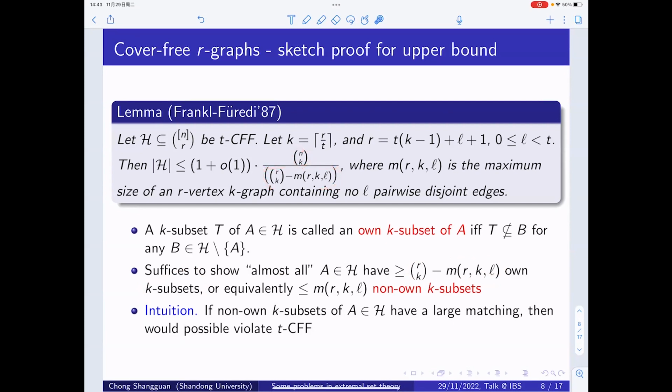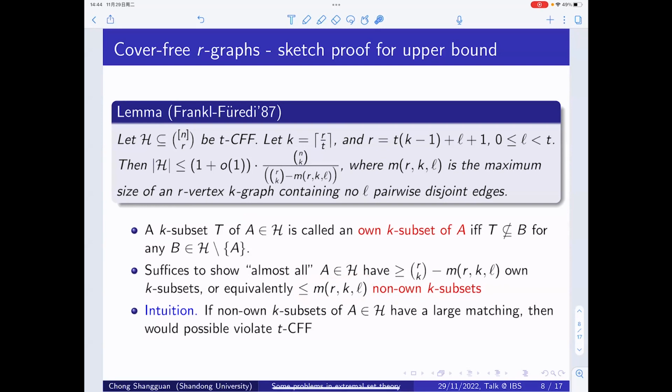So to prove that almost all edges have sufficiently many own k-subsets, it is equivalent to show that almost all edges have a bounded number of non-own k-subsets.